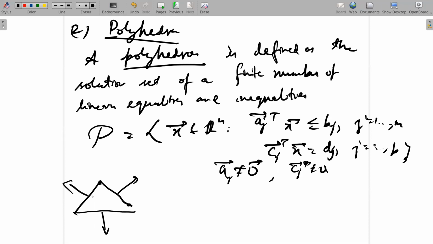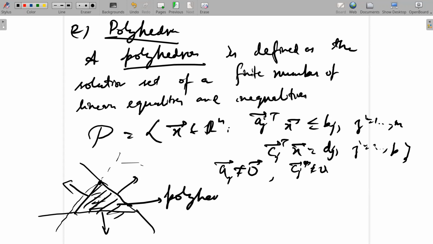So corresponding to that, there is a half space here. Of course, corresponding to this vector, there is a much bigger half space. But if you take the intersection of all these half spaces, what you end up with is a triangle. So this triangle is a polyhedron, described by a set of linear equalities and inequalities. In this case, it will just be a set of 3 linear inequalities.